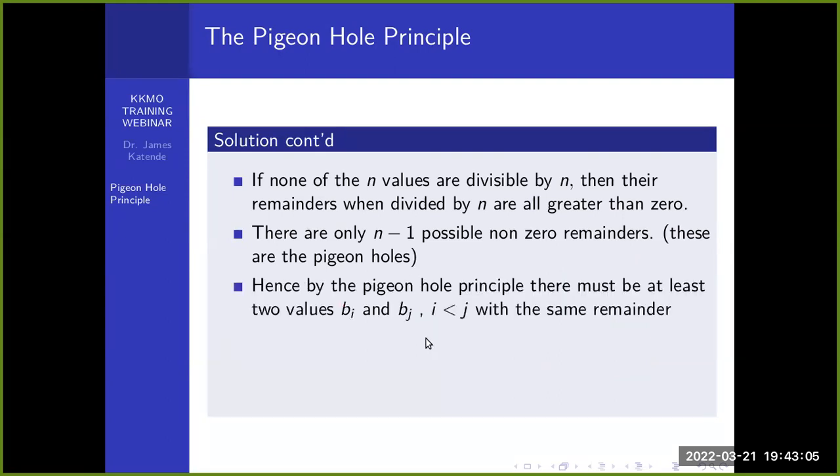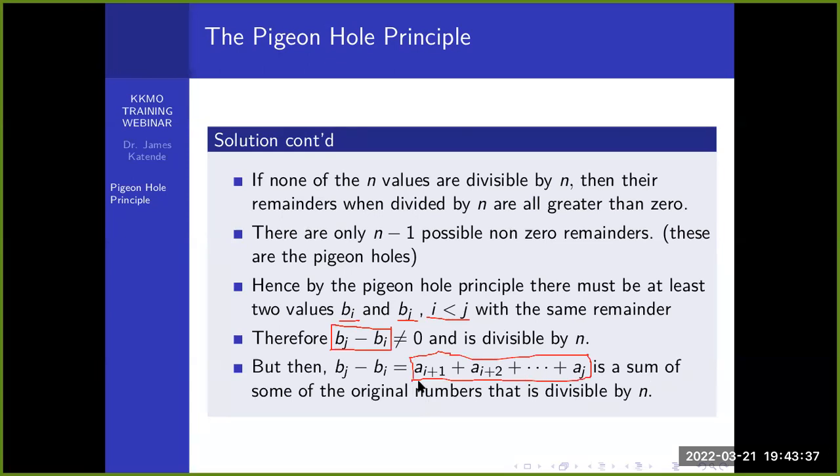So suppose we pick these two to be Bi and Bj. If these are the two numbers with the same remainder, then we have the following situation. If you get the difference, the difference will be non-zero, and it will be a sum of some elements.